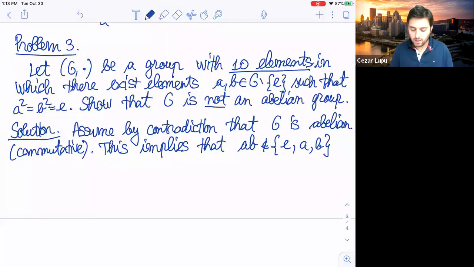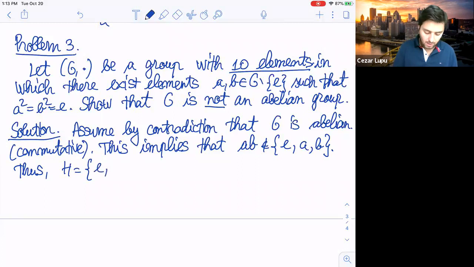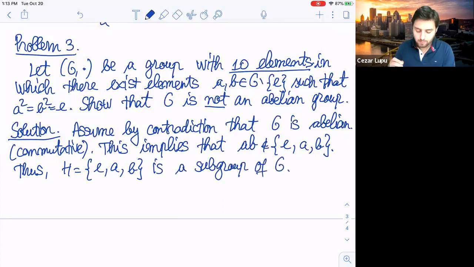So in this way, we can form a subgroup, right? We have this H with these elements: A, E, A, B. So this is a subgroup of G, right? That's obvious, I hope. But what do we know from Lagrange's theorem? How many elements does this subgroup have?